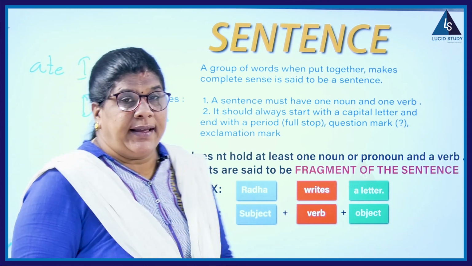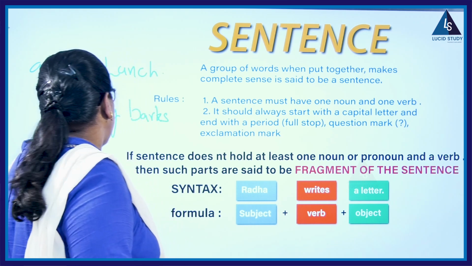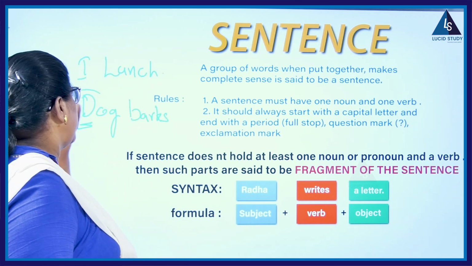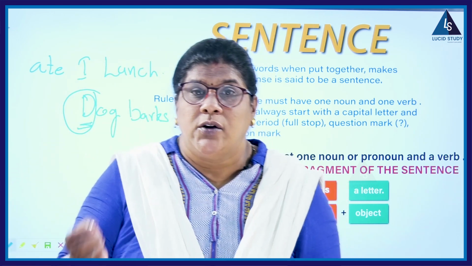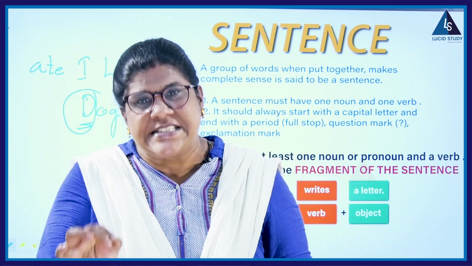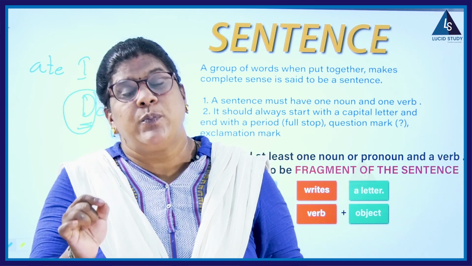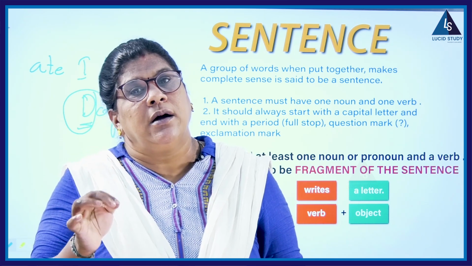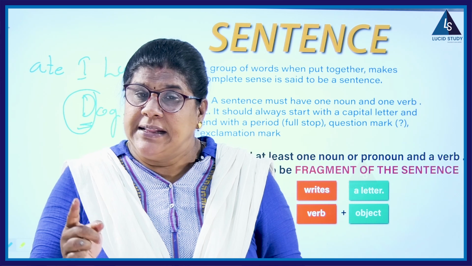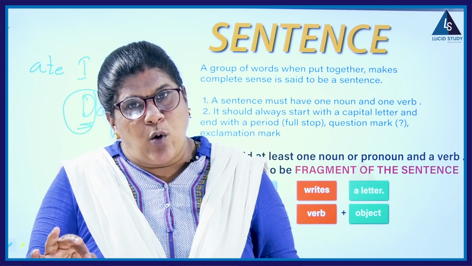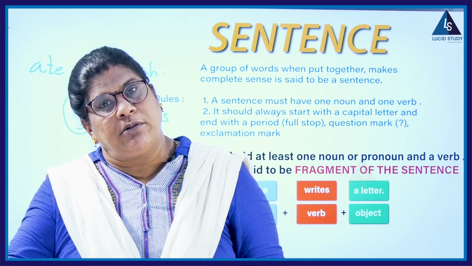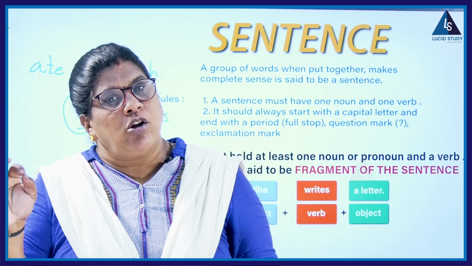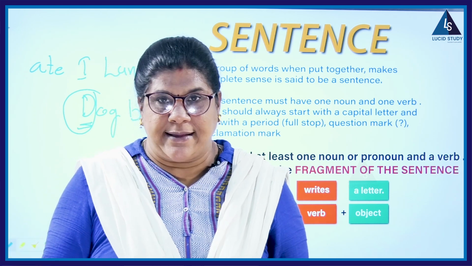Now, the second thing: the first letter of the sentence should always be a capital letter. The first word and first letter should always start with a capital letter. Normally, there is another rule that except for nouns, other grammar parts should be written in small case.